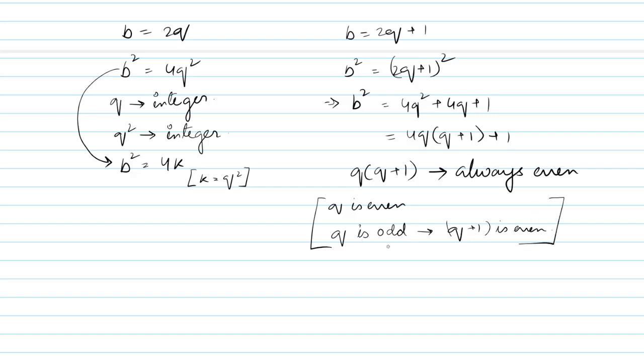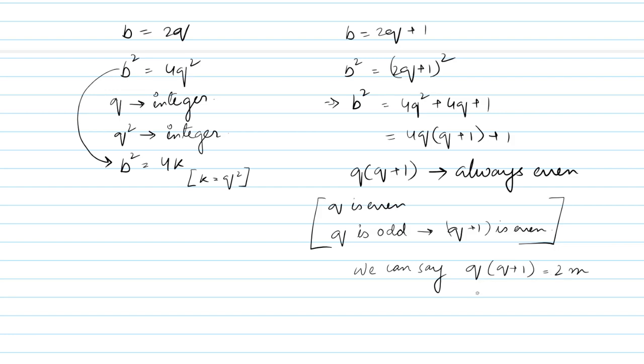So as q into q plus 1 is always even, we can say q into q plus 1 equals 2m, because the whole thing is even, so it's some integer multiplied by 2.